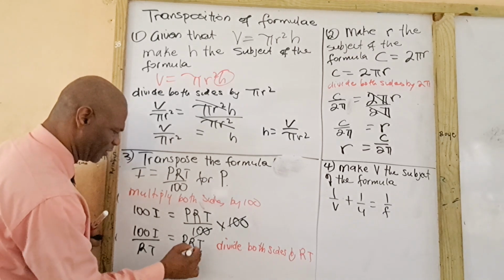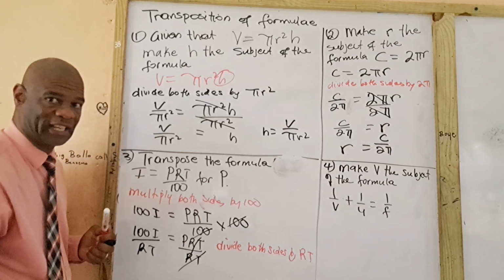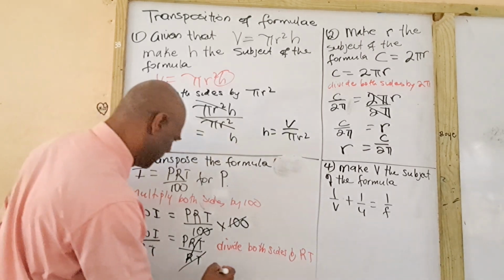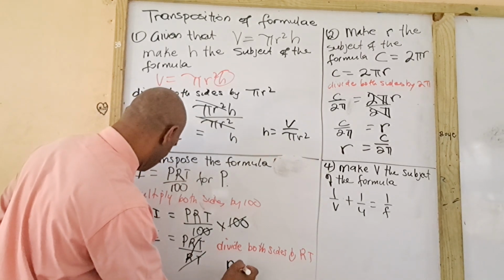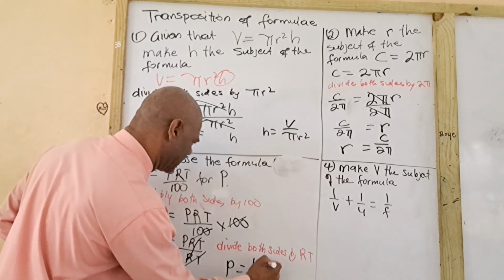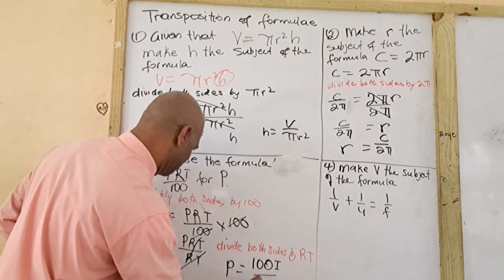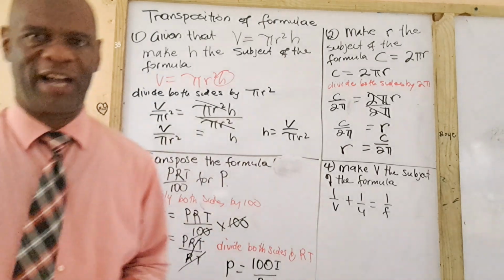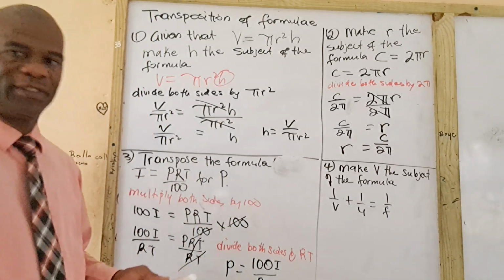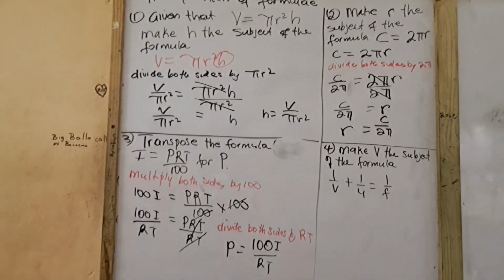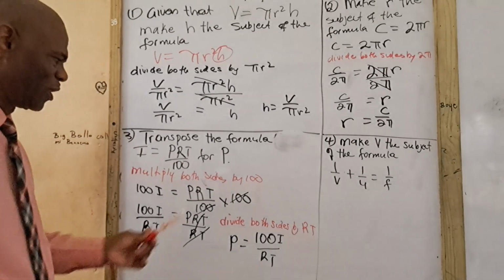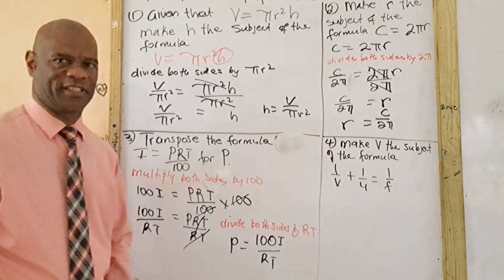So the RT's cancel each other, and we are left with what? P equals 100I over RT. Right? So there we have it. Let me just push it on a little so you can see. Good. So that's it. P equals 100I over RT.